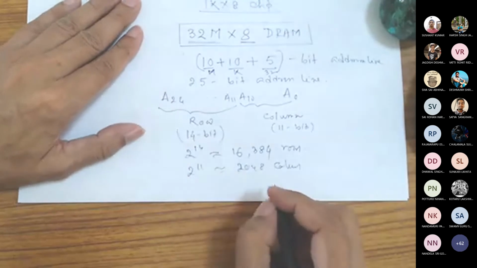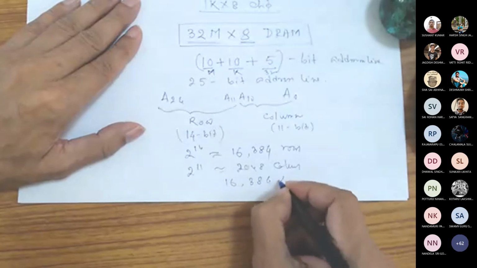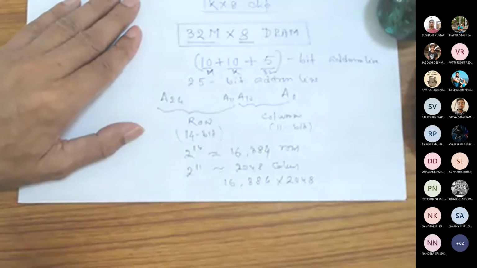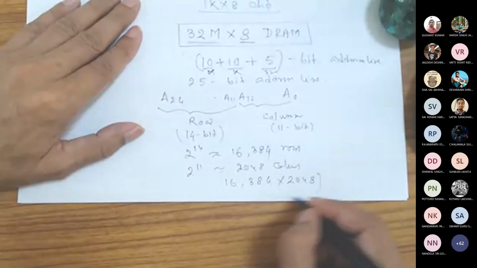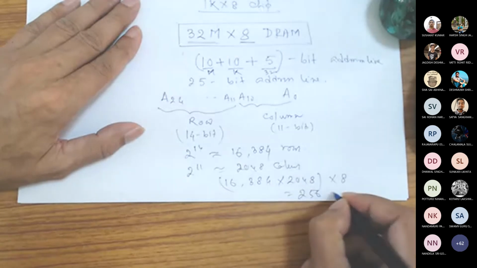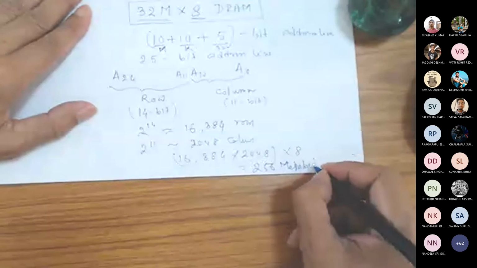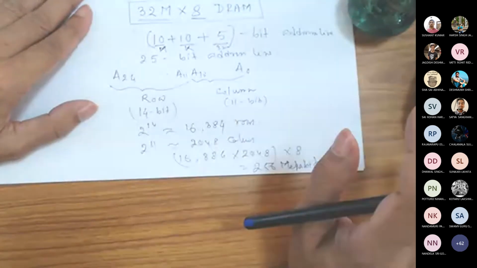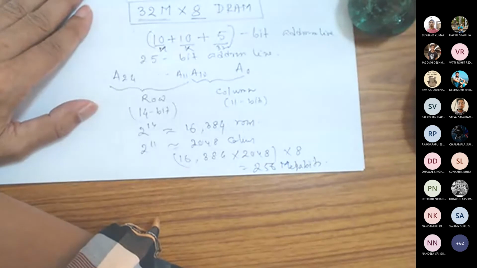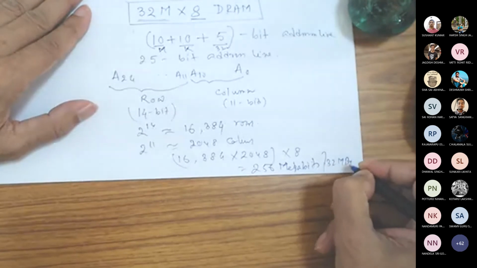We have 16384 into 2048 into 8, which is nothing but 256 megabits, or 32 megabytes.